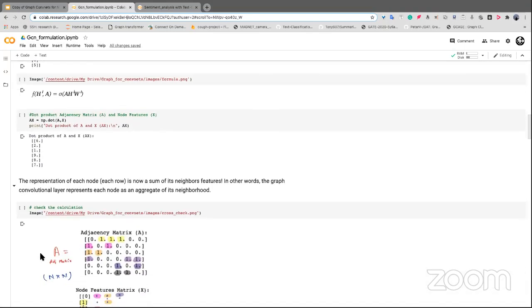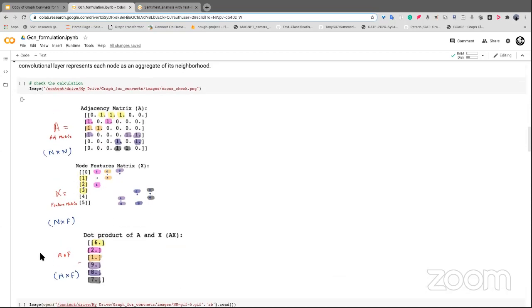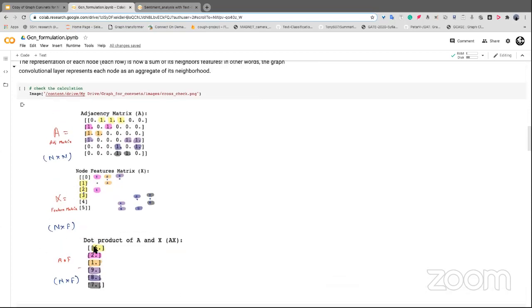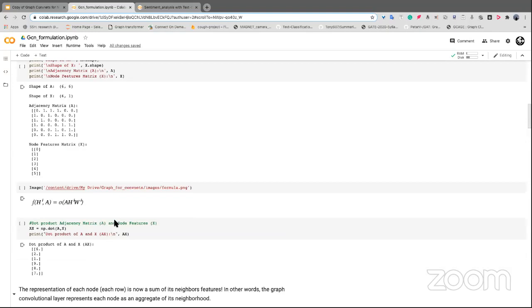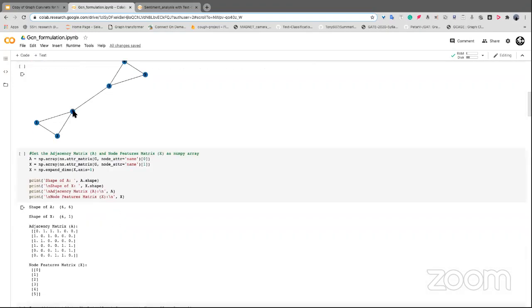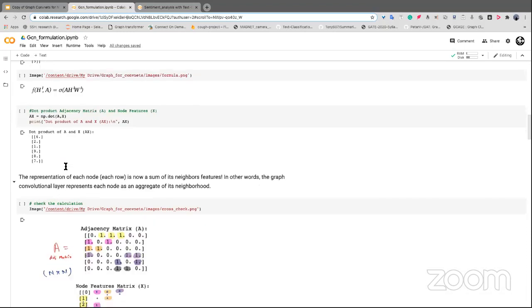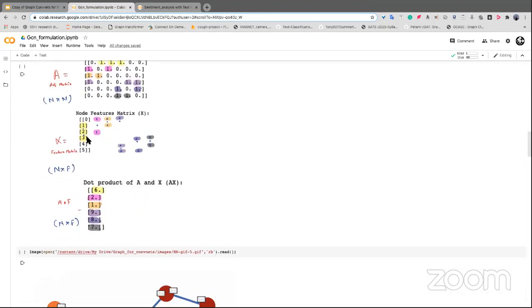For better understanding, look at this. This is the first node, and it was connected to 3 nodes: 3, 1, and 2. So it will contain the information from 3, 1, and 2, and it is a sum of the information here.